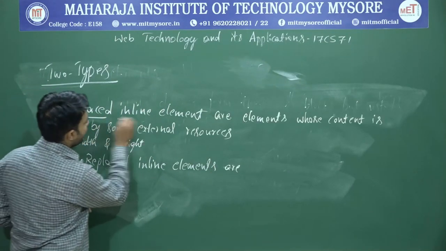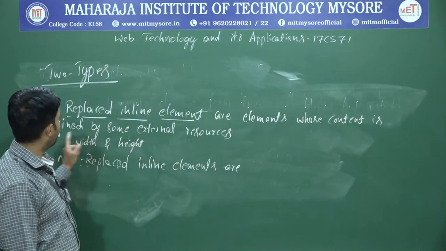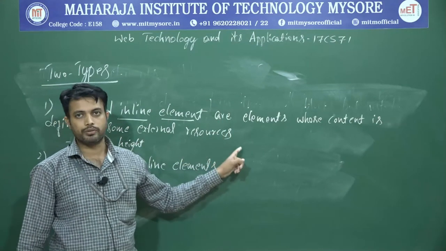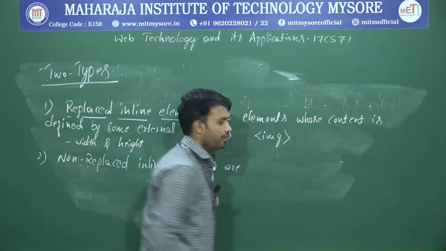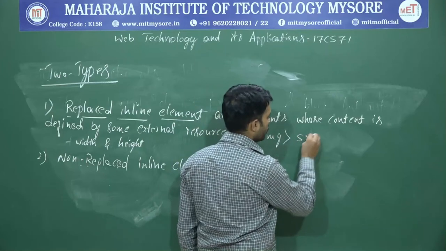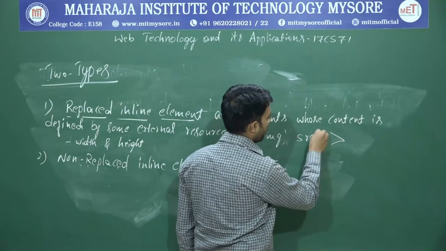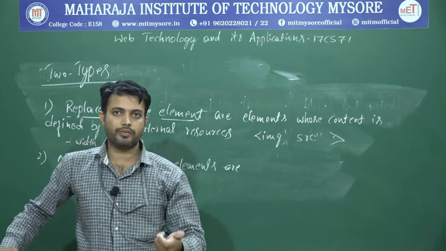So replaced inline elements are elements whose content is defined by some external resources. Example is what? I have already told you. The image tag. In that image tag we will give the source, that means the path of that image file.